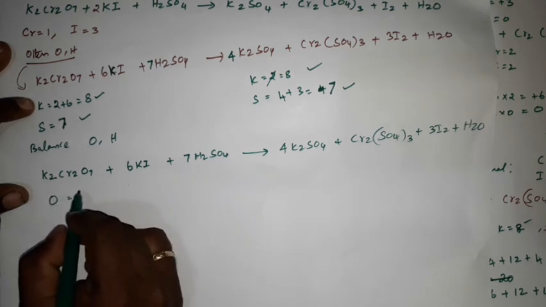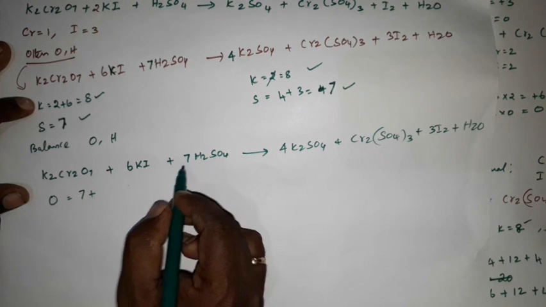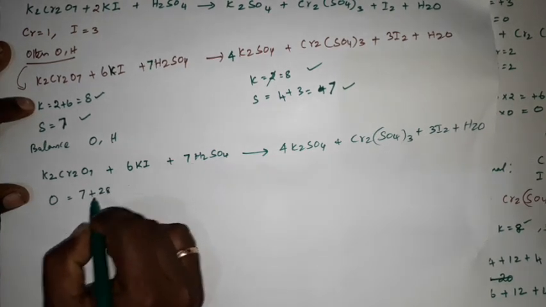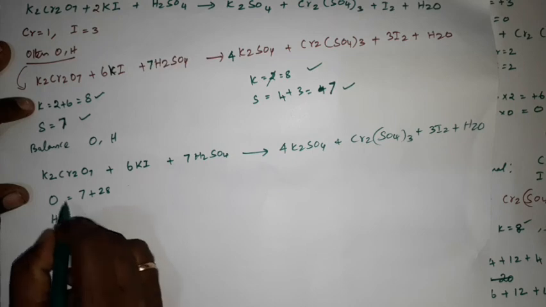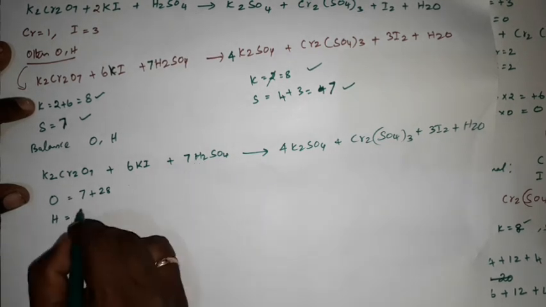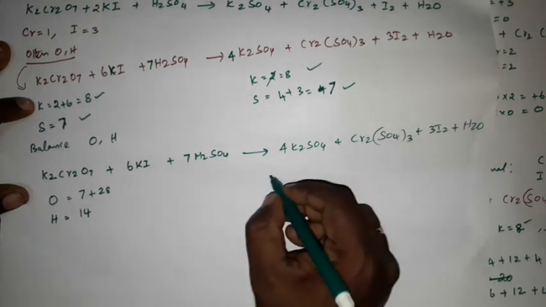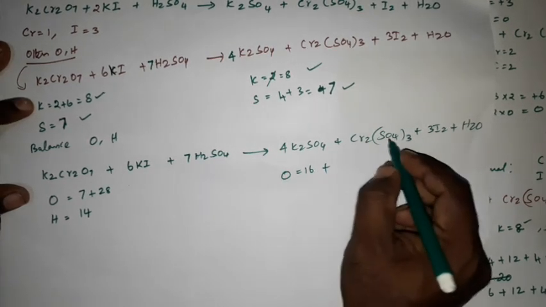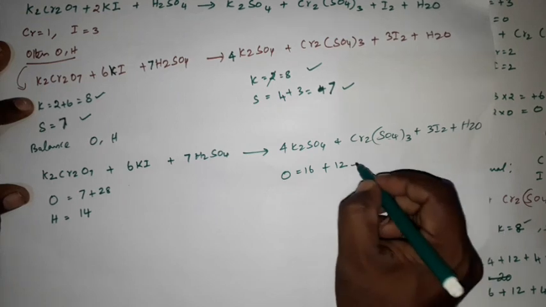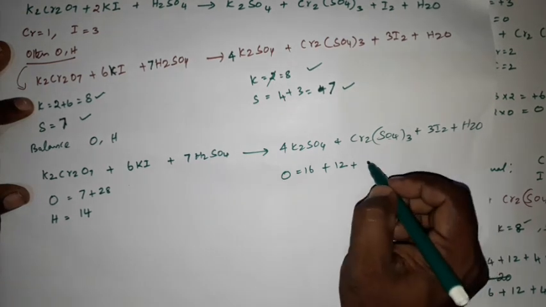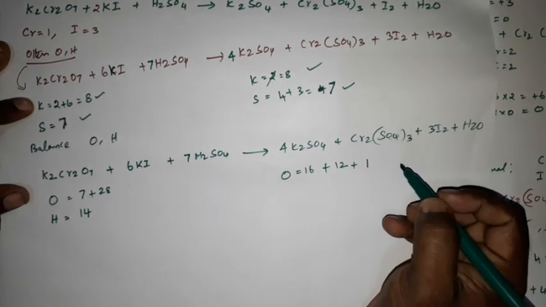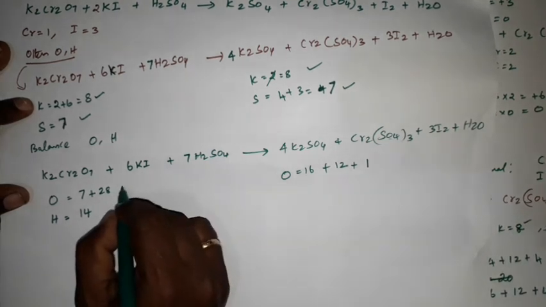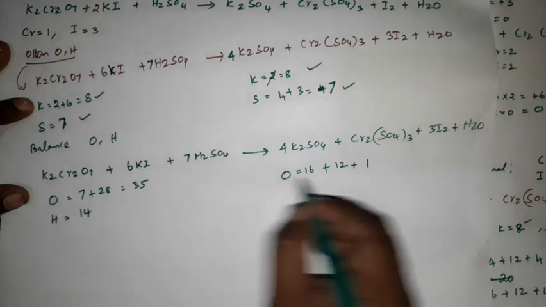Oxygen is 7 plus 7 into 4, 28. Hydrogen here 14. Then check this side, oxygen 16 plus 12 plus 1. Okay, now total 35 is here.